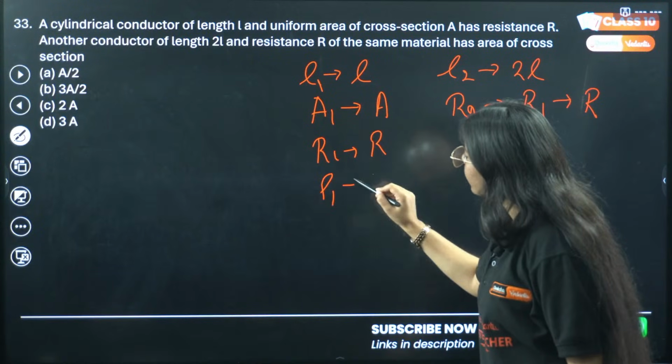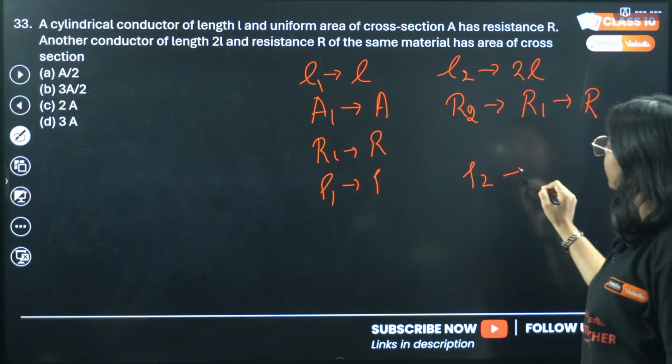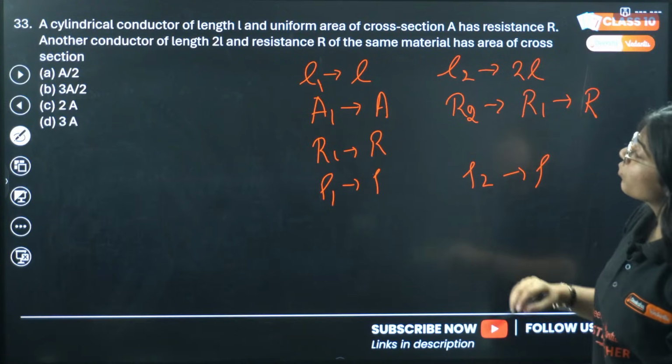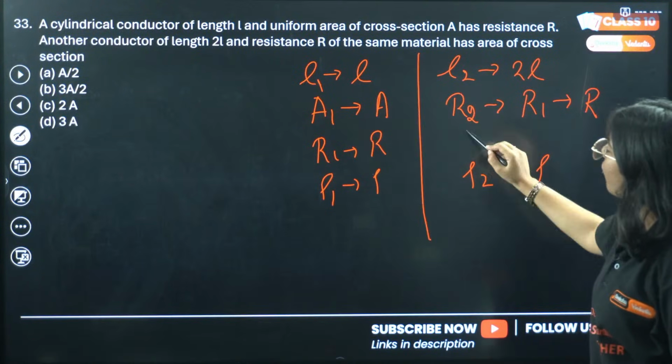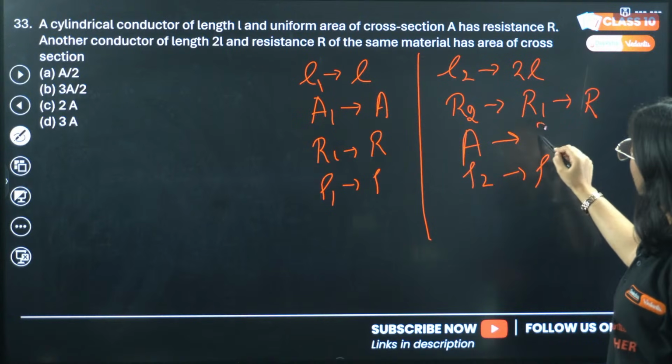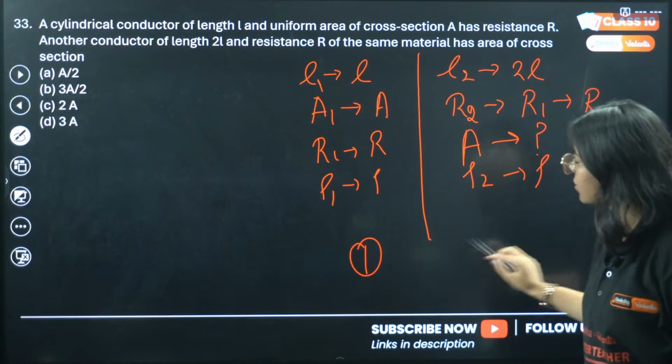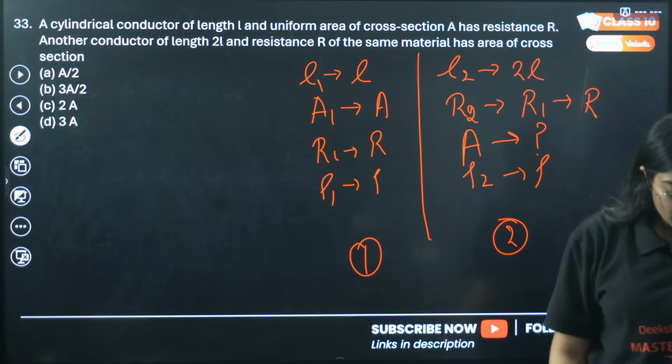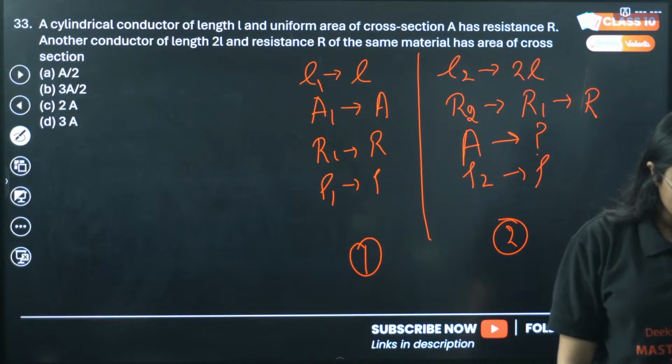So its resistivity will also be rho. Now we need to see what will be the area of cross section of the second conductor.